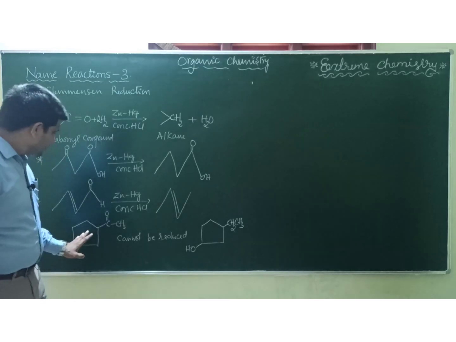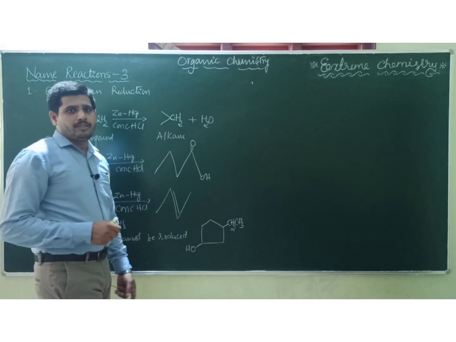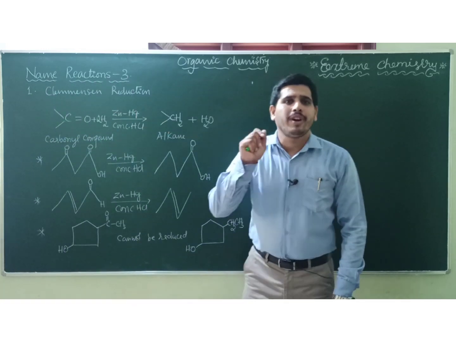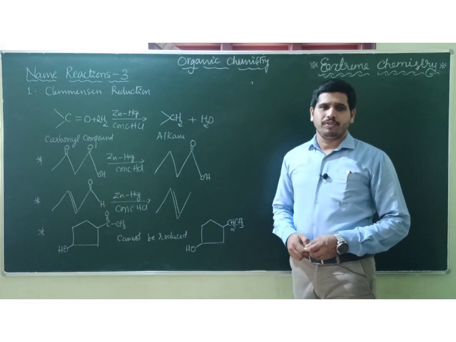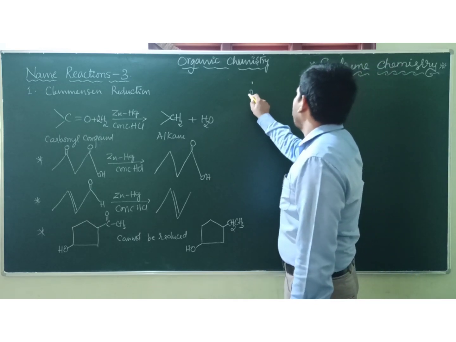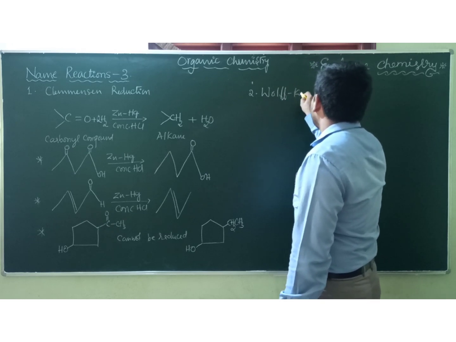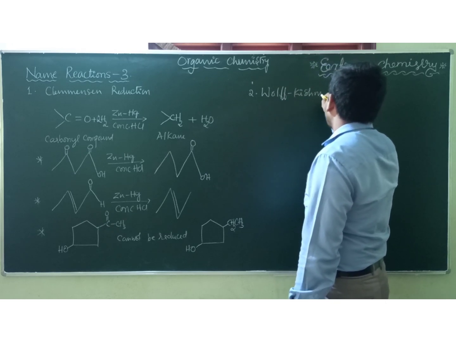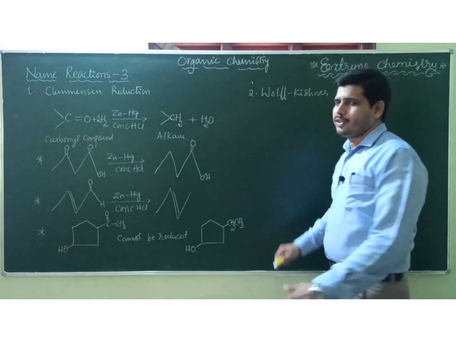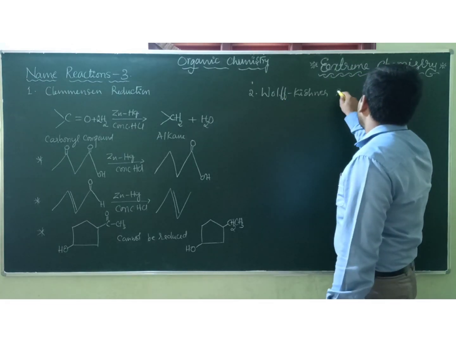Then how to convert this compound into the product written here? There is a method. For that we have to go for one more reduction reaction. Which is that? Yes, we will be writing it now. The second one is the Wolff-Kishner reduction. Please remember the name. You pronounce it in your own way, no issue, but write the proper spelling and remember it. Wolff-Kishner reduction.